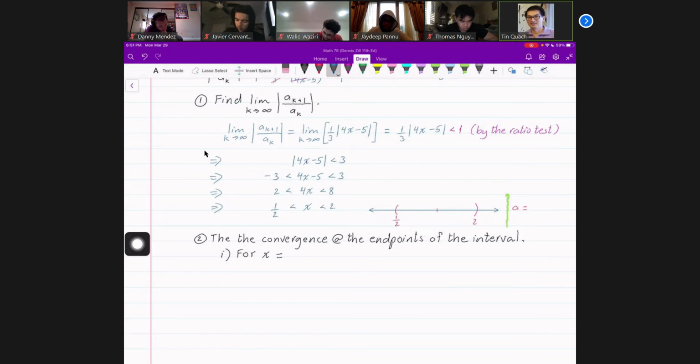So you just take 2 plus 1/2 divided by 2, which is 1.25. So what is the radius of convergence? It's 0.75.